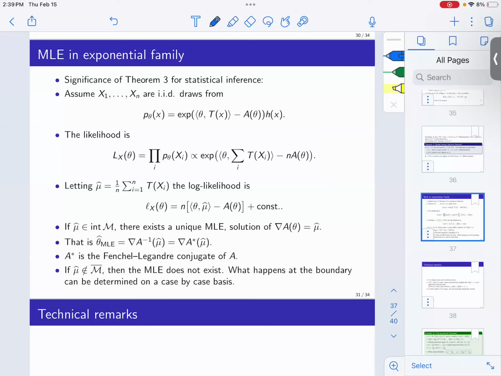When you try to solve this, you can solve it if this is in the interior of the set of realizations. That theorem allows you to say that I can invert this now. The MLE for parameter theta exists if it's in the interior.